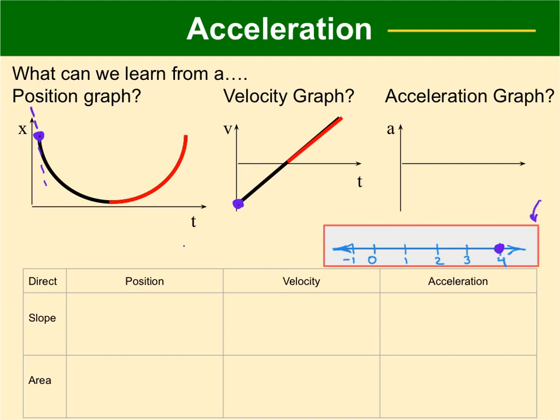When we come towards the middle, our slope here is essentially zero velocity. We're changing our velocity, so I'll plot the 0 over here, but our position here is way over here, far to the left.